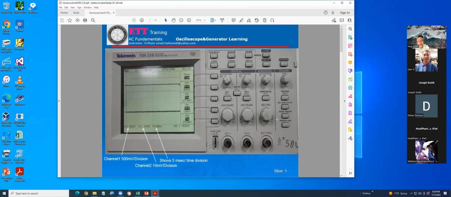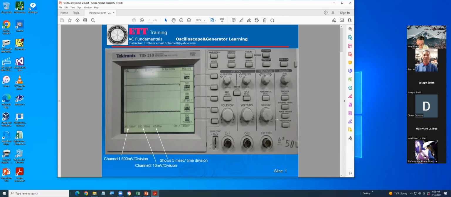If you're using the analog scope, you cannot measure the frequency directly. The only thing you can measure is the period, T. Then you have to use the formula, F equals 1 over T, to calculate the frequency.